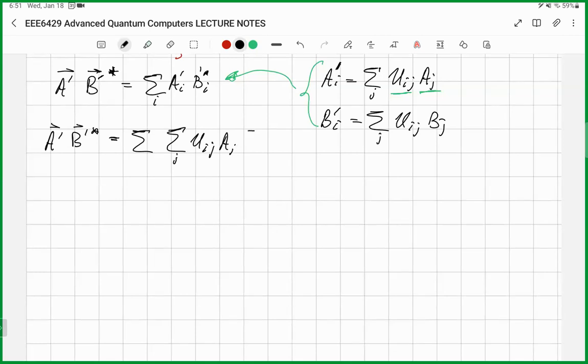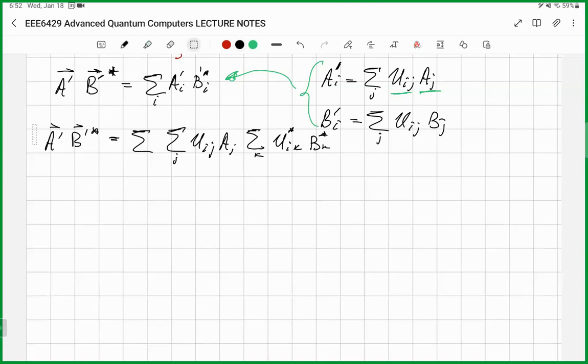Then for the vector B, let's denote this summation index by k. So it will be U_ik B_k, and complex conjugate here and here.